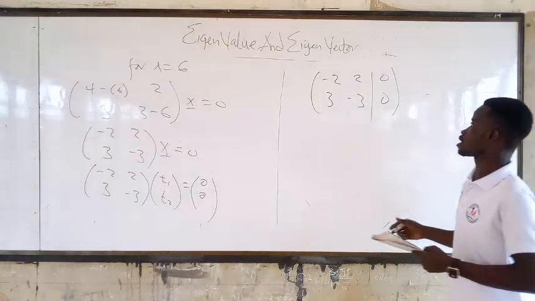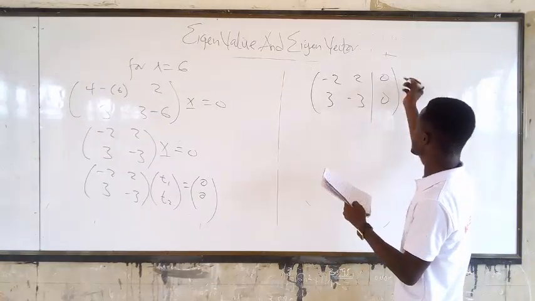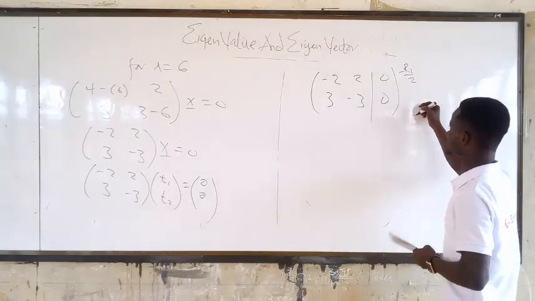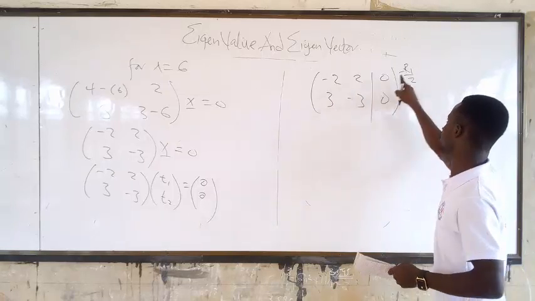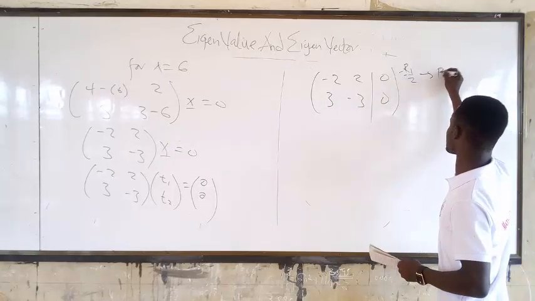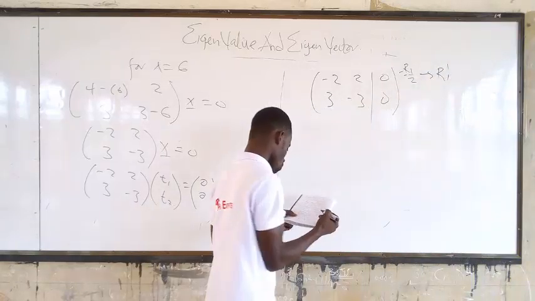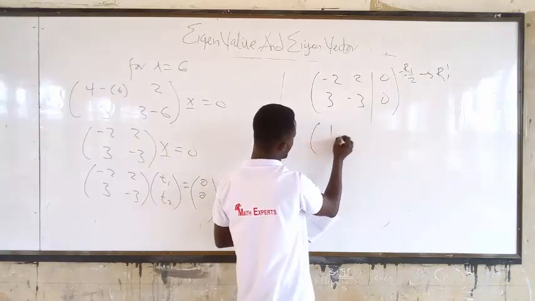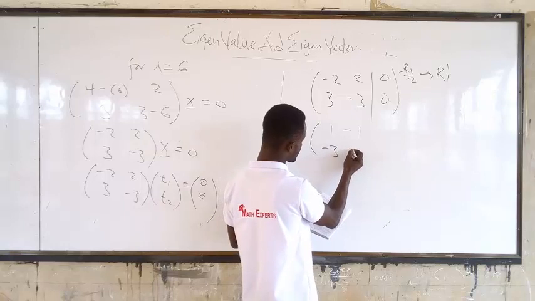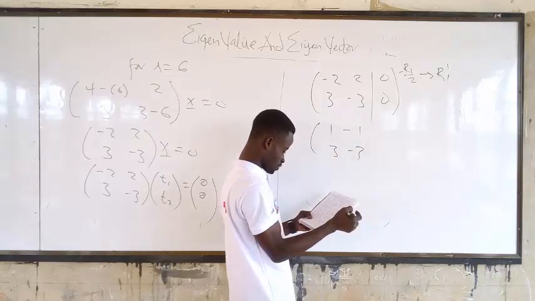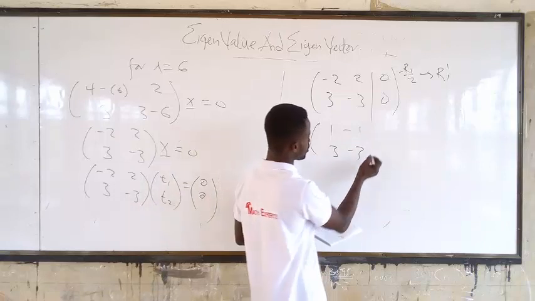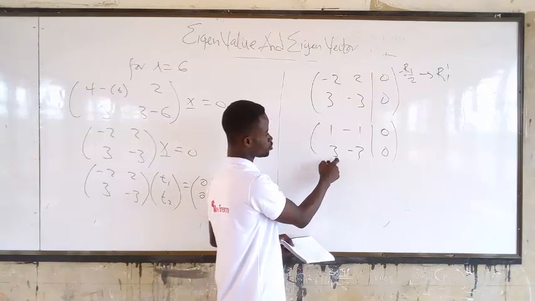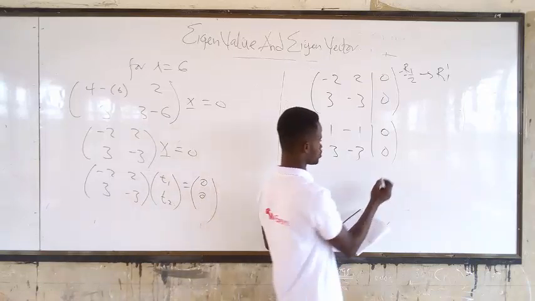You can use reduced row echelon form. Let's divide the first row by 2, but we have to negate it because the leading entry should be 1. That's why I have negated it, and put it at new row 1. So when you do that, you get 1, negative 1, 0, and 3, negative 3, 0. Then the entry below should be 0 and the next should be 1, so what will you do?